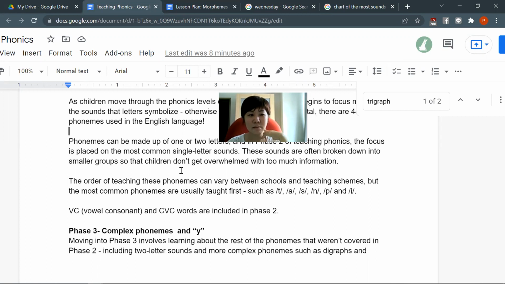Americans say huh, but British people will generally skip the H and just pronounce the vowels. Why is that? I'm not sure. It's just a very old way of speaking.